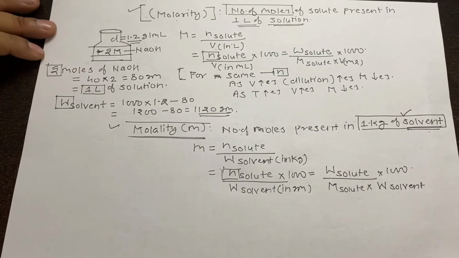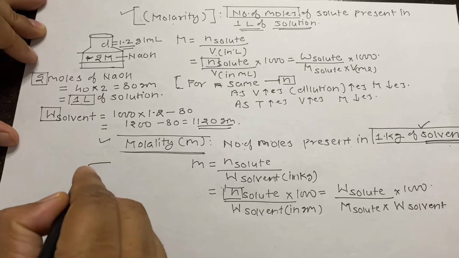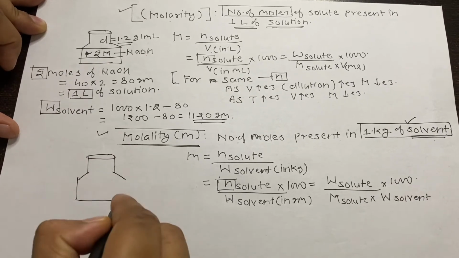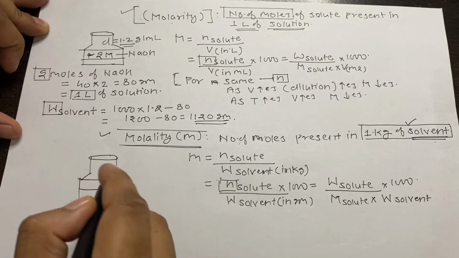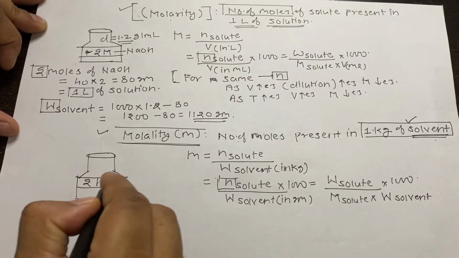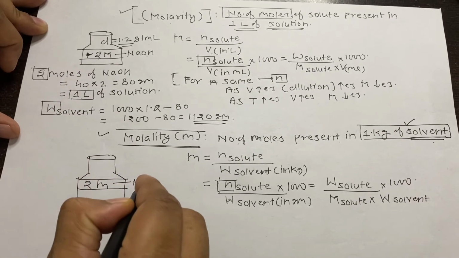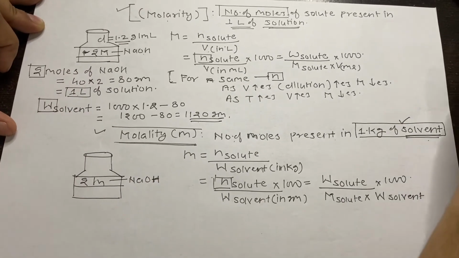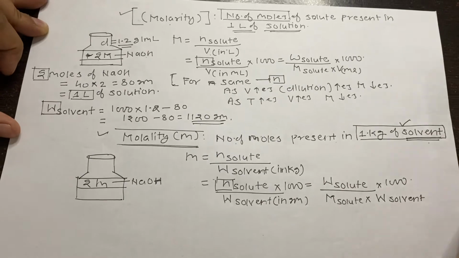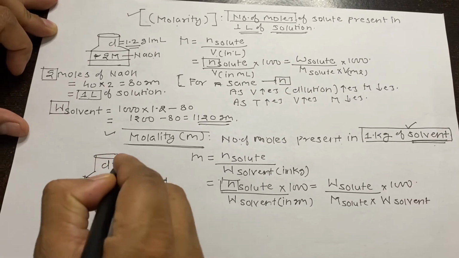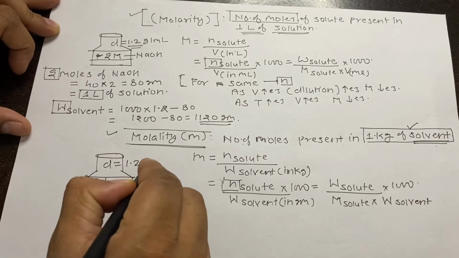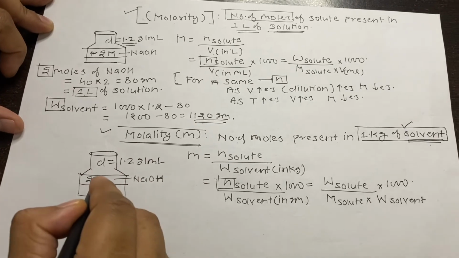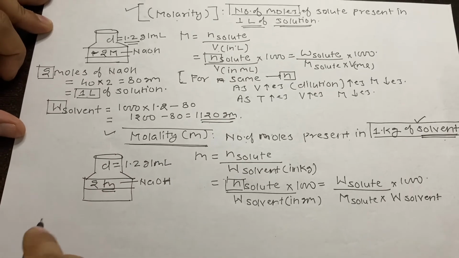Now it's our turn to decode. If a bottle is labeled 2 m NaOH, and the density is given as 1.2 gram per ml, how can we decode this? This is a 2 m NaOH solution.